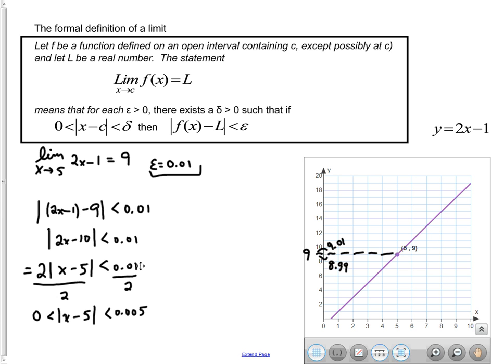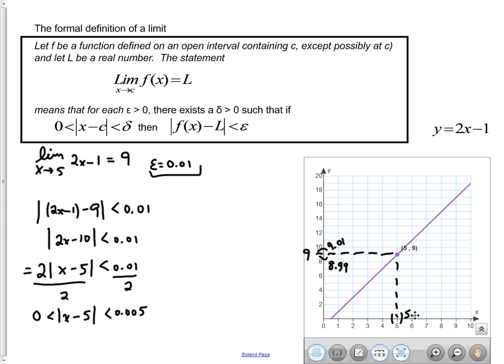And so this algebra that we just worked out states that as x gets close to 5, the distance between x and 5 is less than 0.005. So we're saying there's some related interval 0.005 away, right?